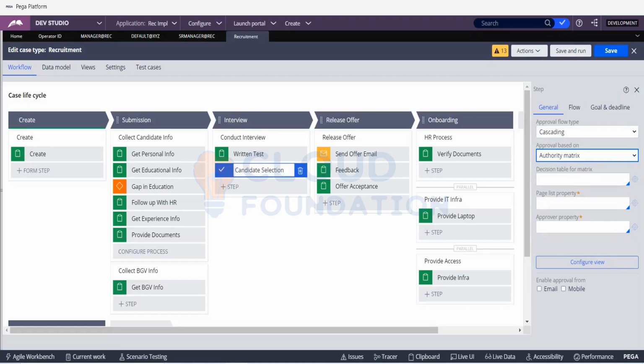The rest of the configuration, how you design it, how you design the authority matrix, is completely on the technical side. That is not covered in the CSA; this is more part of a CSSA course. It is more like good to know information for us. But the BA will tell this information, isn't it? Like, this should be a cascading approval.